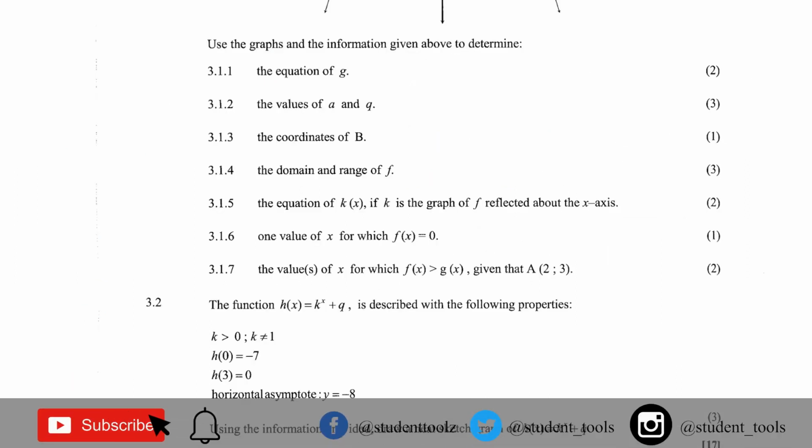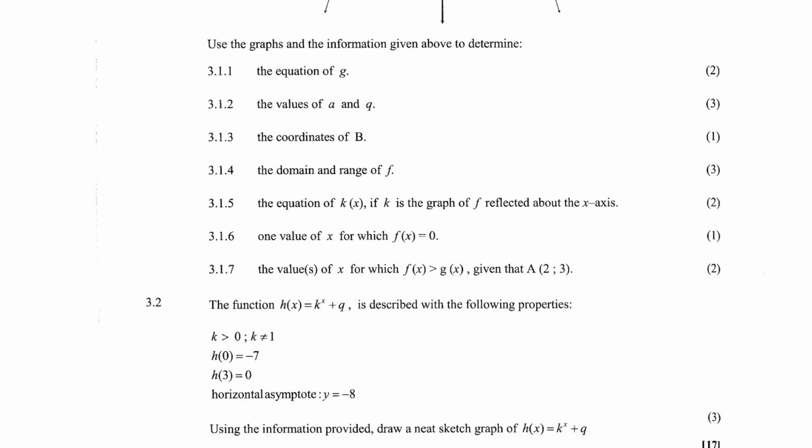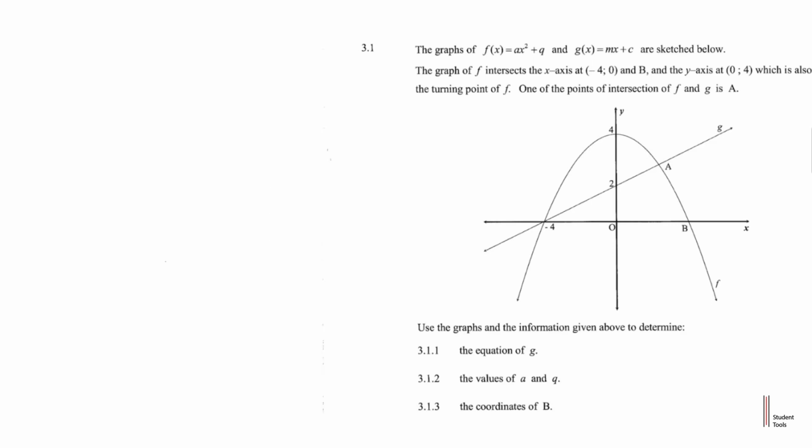3.1.2, use the graph and the information given above to determine the values of A and Q. So we have to determine the values of A and Q. And where do we find A and Q? We find A and Q here on graph F. So graph F, we have f of x equal to ax squared plus q.